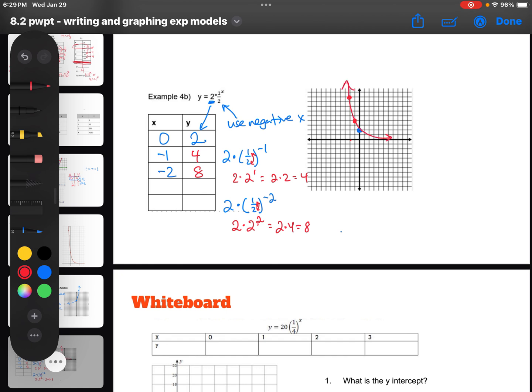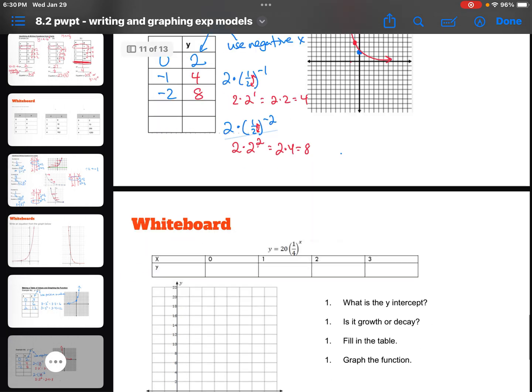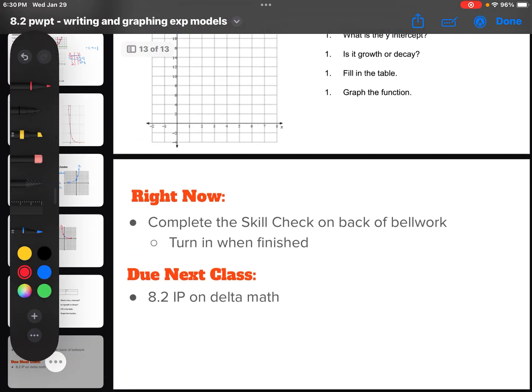Okay? All right. So now what I'd like for you to do is work on your skill check. And then when you're done, you'll work on 8.2 Delta Math. Now, I do want to point out one thing just real quick with regards to your skill check. When you are asked to graph the first one, you're going to see a grid where you only see 5 boxes that go in either direction. And you're graphing the function y equals 3 times 2 to the x, possibly.